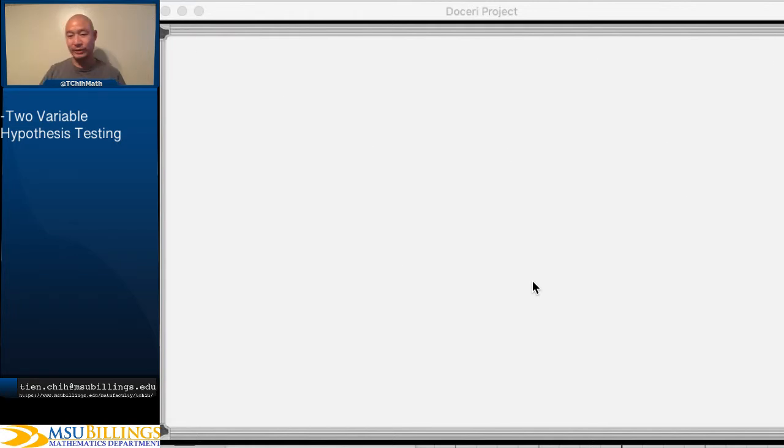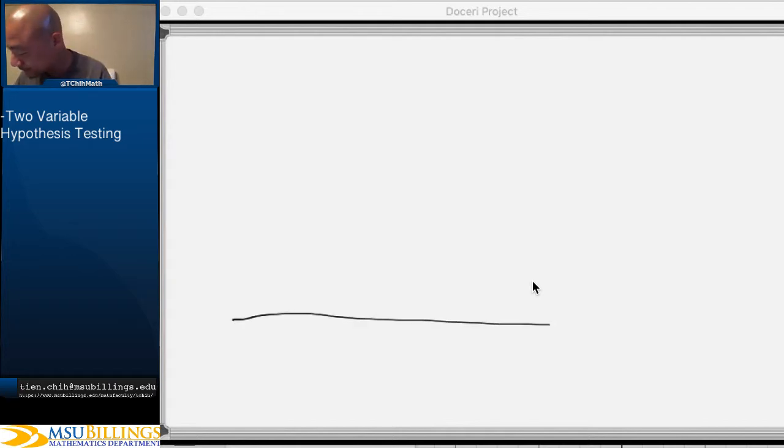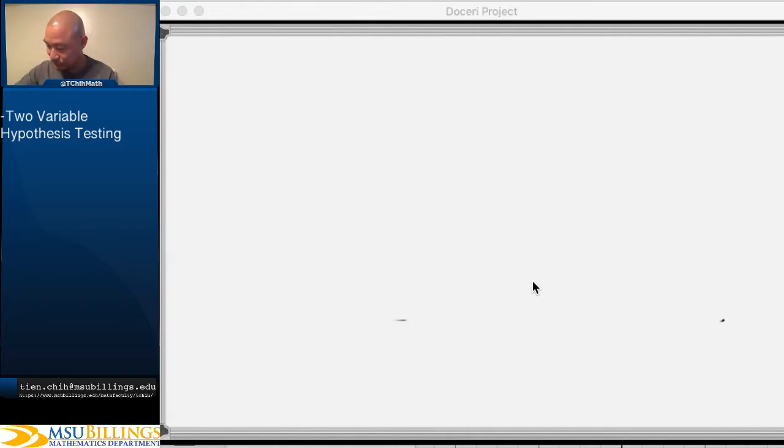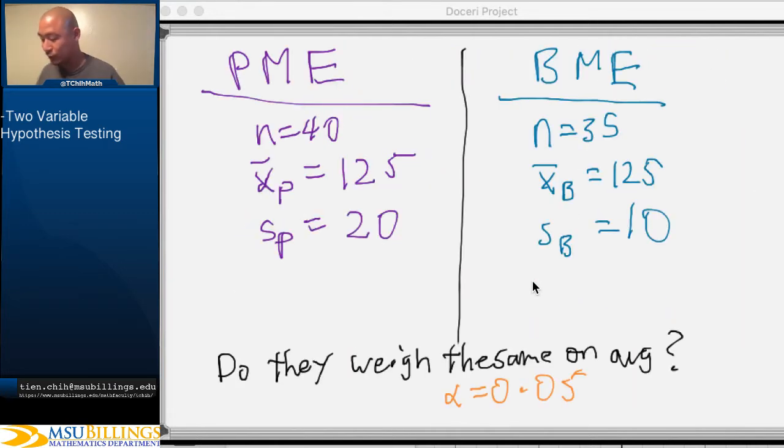And this is important because what we're going to do now is, oh wait, we're not quite there yet. What we're going to do now is say, hey, look, going back to the original question as to whether or not they weigh the same, we need to know an alternative hypothesis, right?